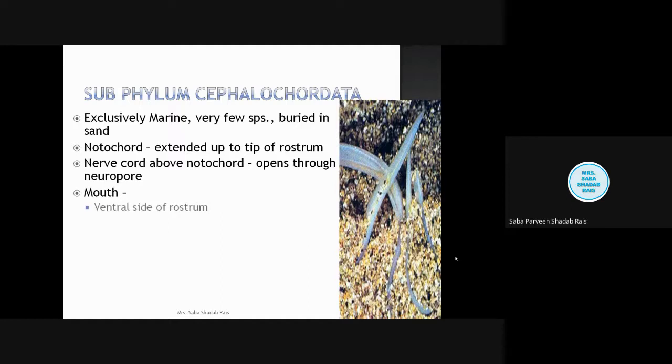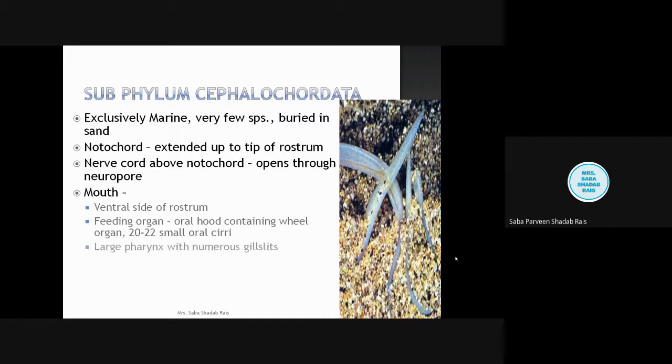Their mouth has a special feeding organ known as the oral hood. The oral hood contains a wheel organ, which has 20 to 22 smaller dot-like structures called the oral cirri.